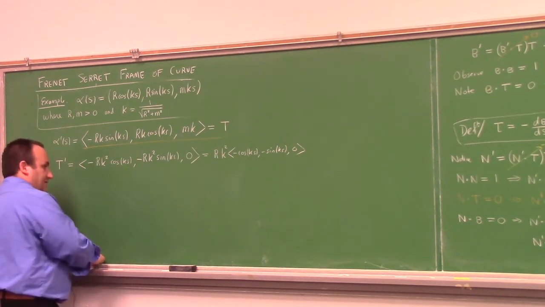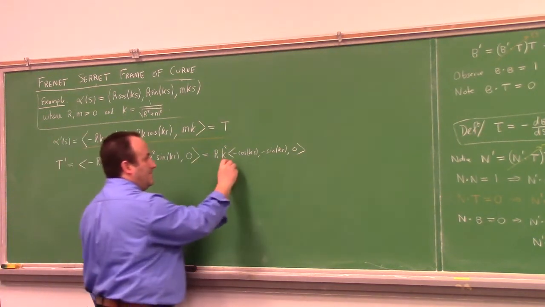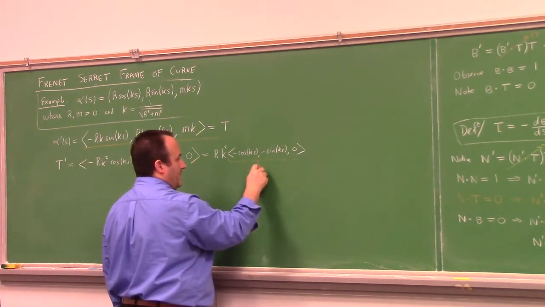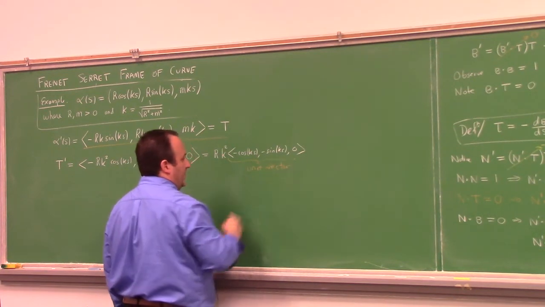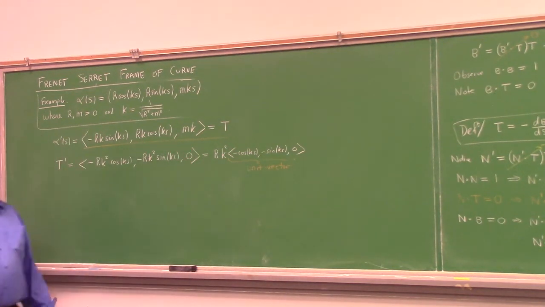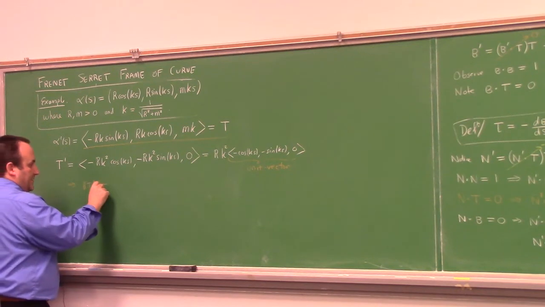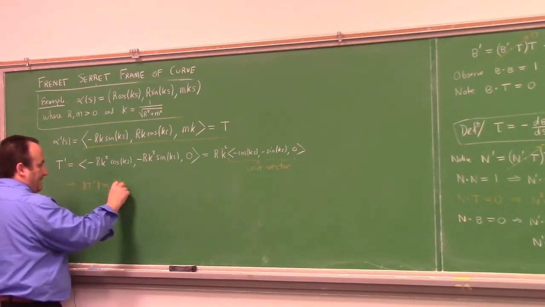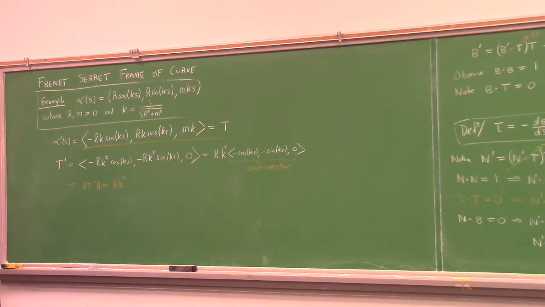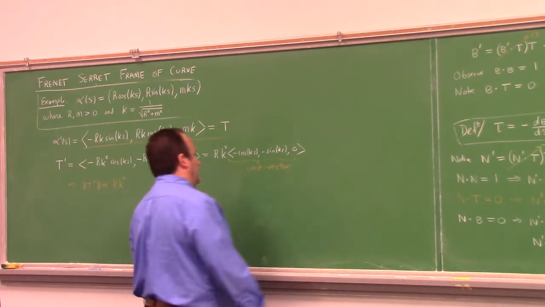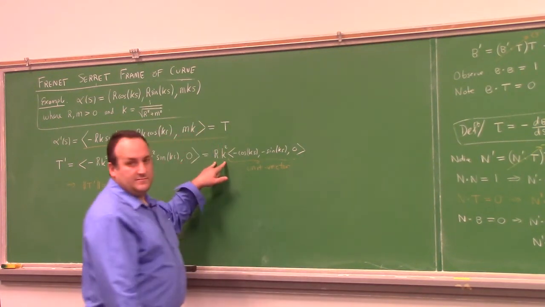This is manifestly a unit vector. Its length is 1 because it's got cosine and sine for components. It follows that the magnitude of T prime is literally r k squared, because any vector we can write as magnitude times unit vector.